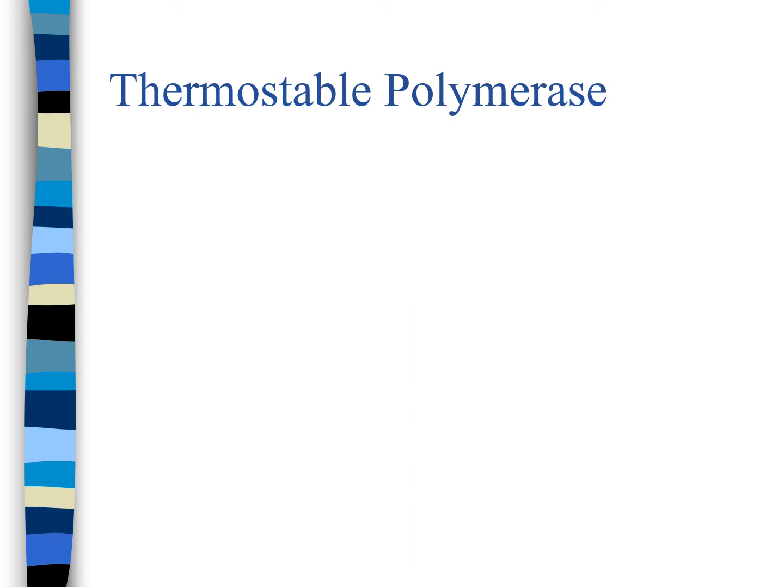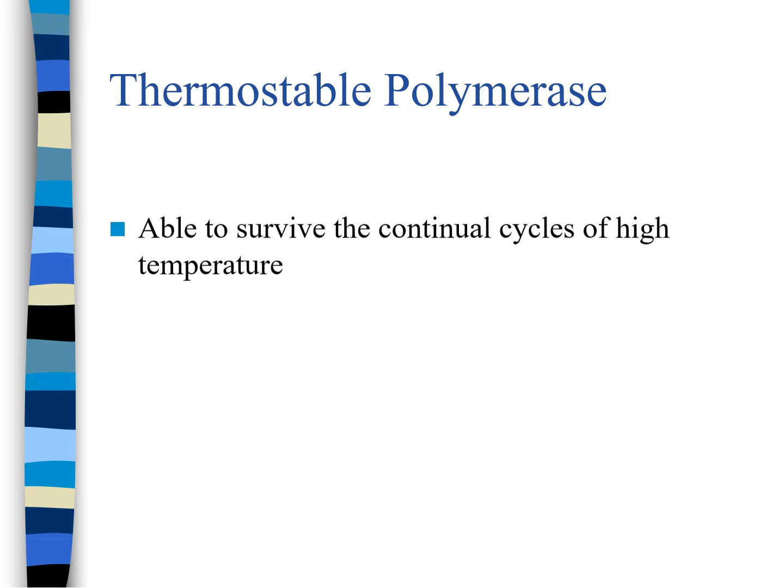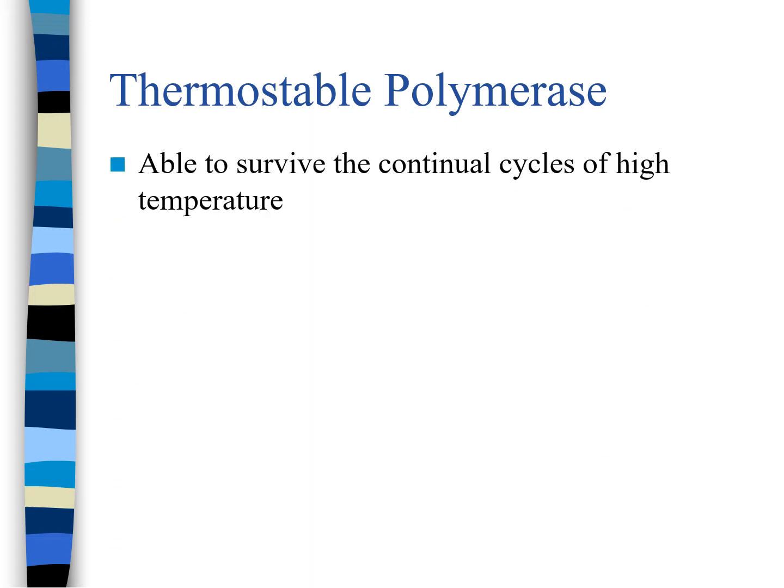Now let's talk about this cool new enzyme that functions at high temperatures. It's a thermostable polymerase. As you know, most enzymes function at 37 degrees. This enzyme is heat stable, so it's able to survive high temperatures, because PCR has several steps, including denaturation, which occurs at 95 degrees.